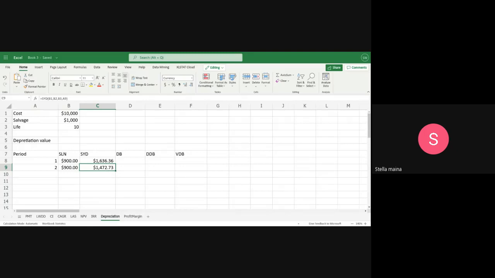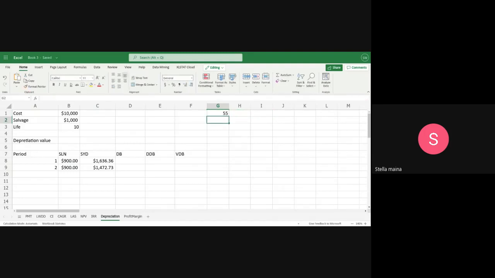Okay. So basically what is happening, just to give this explanation once again in case you did not get it when I said it: for SYD, since there are 10 years of useful life, it will be 10 plus 9 plus 8 plus 7 plus 6 plus 5 plus 4 plus 3 plus 2 plus 1.